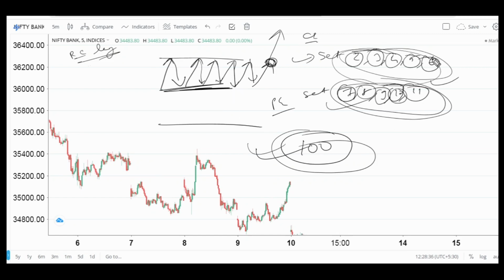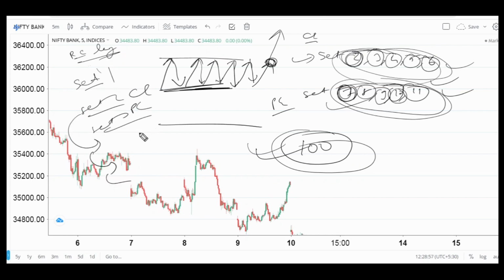So better you make as many sets as possible. You just have to make set 2 and set 7 or any sets only one time. Set 1 for initial entry, set 2 for call side entry, set 3 for put side entry. Then you just have to copy paste.